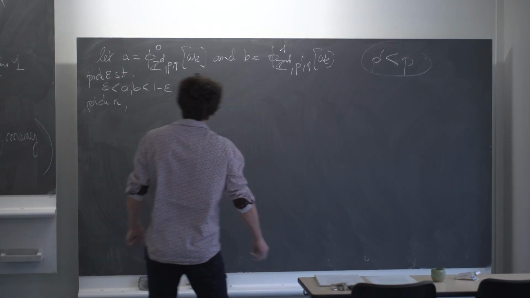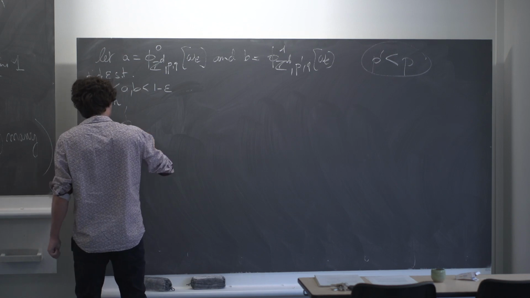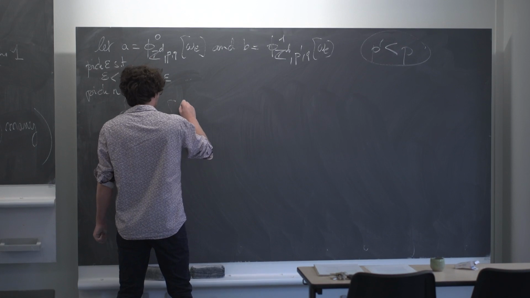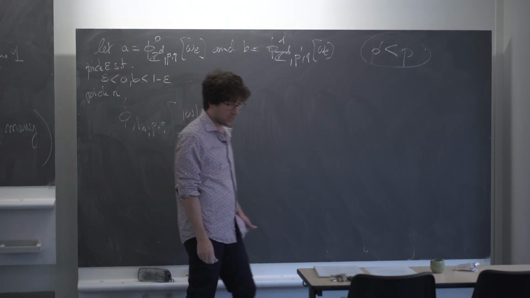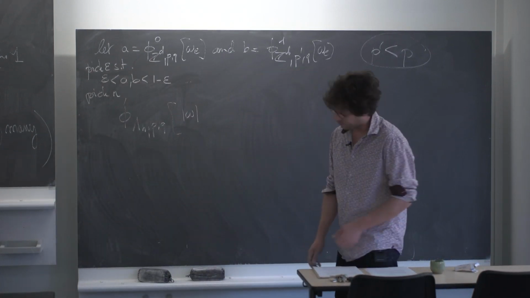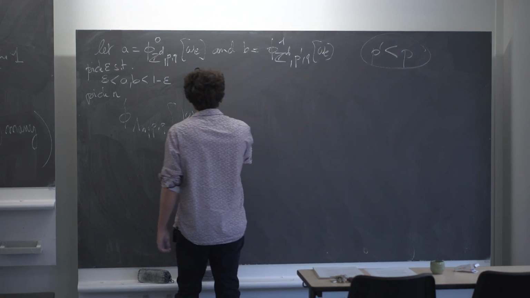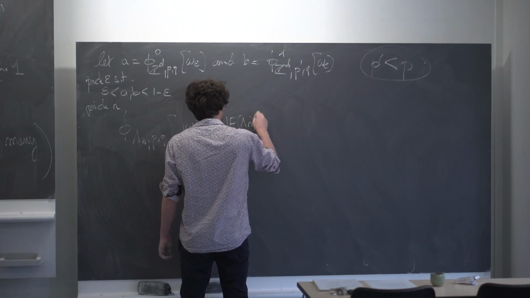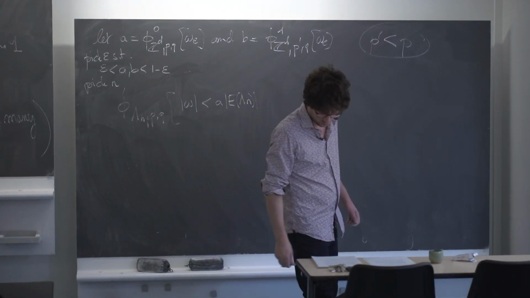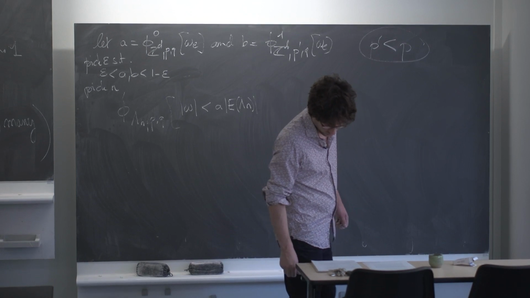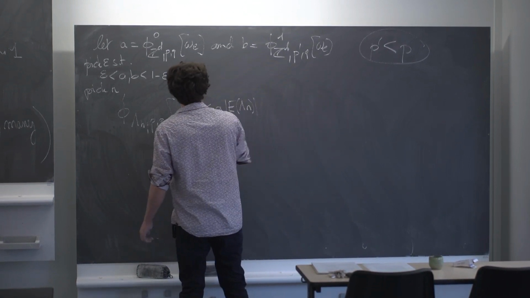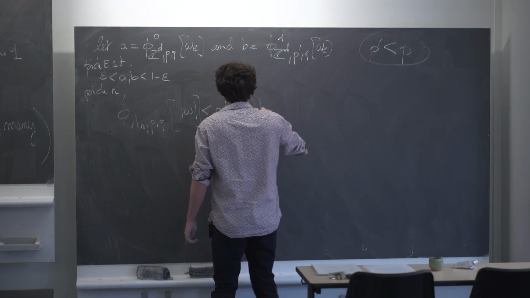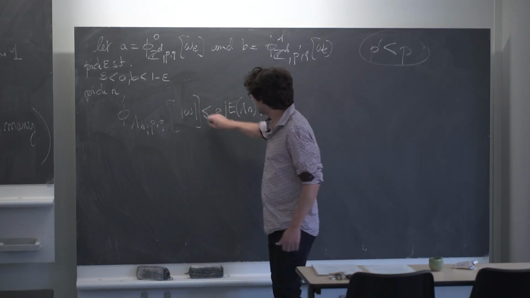So first thing is that phi lambda n pq of omega, remember that omega is the total number of open edges, is smaller than a times the number of edges in lambda n, simply by monotonicity.